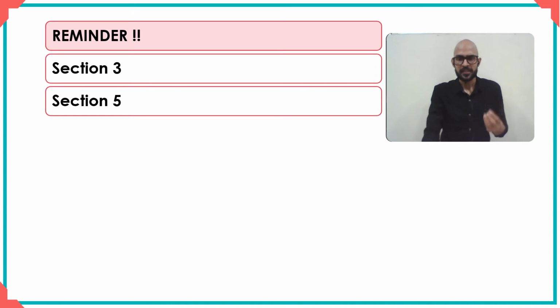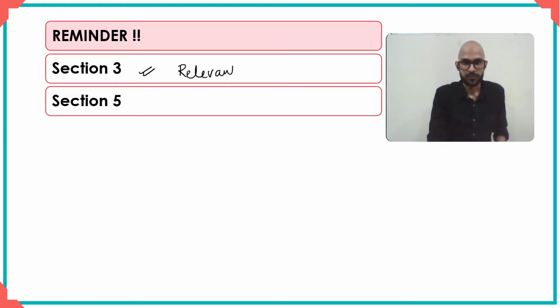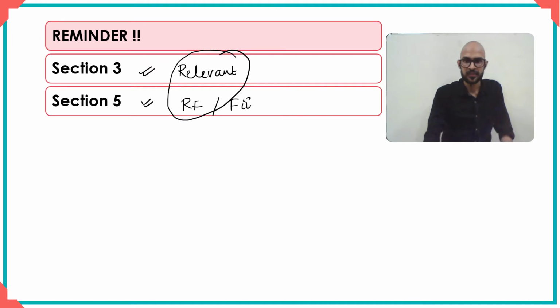So whenever we study relevancy, it is important for us to give ourselves this reminder. The first is section 3, which tells you what the meaning of relevant is. And then we look at section 5, which tells you that evidence can be given only for relevant facts and facts in issue, right? Now, how do you decide what is relevant and what is a relevant fact?